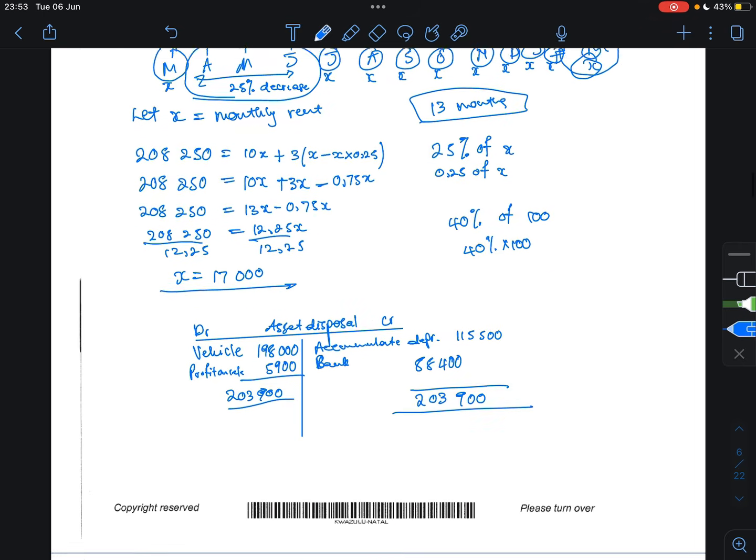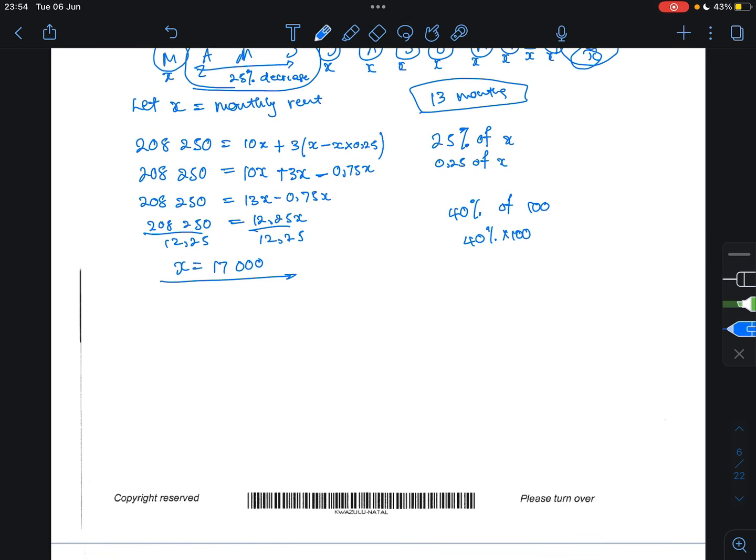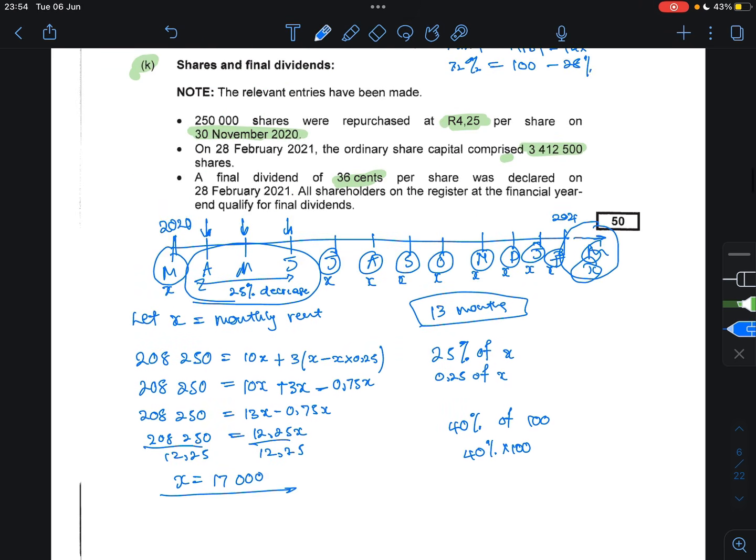So what you would need to do, I just need the space, so I'll clear our asset disposal account there. What I need to do quickly, and what you would need to do when you are working with such, because it can be confusing at sometimes. Remember, on your retained income note, you need your premium. Okay, I don't know what you guys call it, but I used to call it a premium.